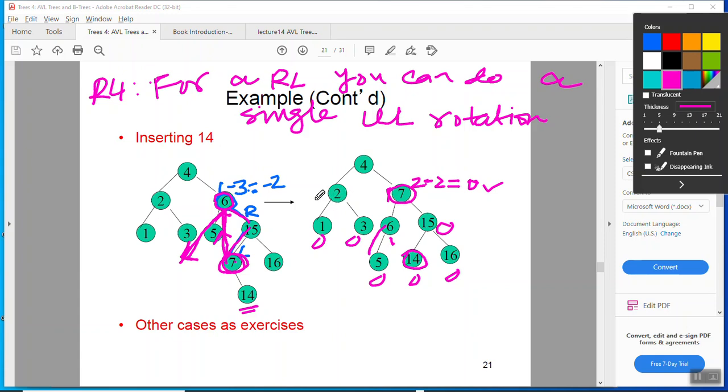On the left side we don't need to check: 1 minus 1 is 0, balance factor 0. And here 2 minus 3 equals negative 1. Actually we do not need to check it, we just fix this one and everything will be fixed, right?